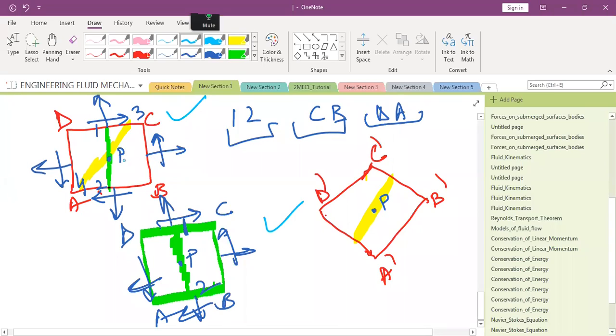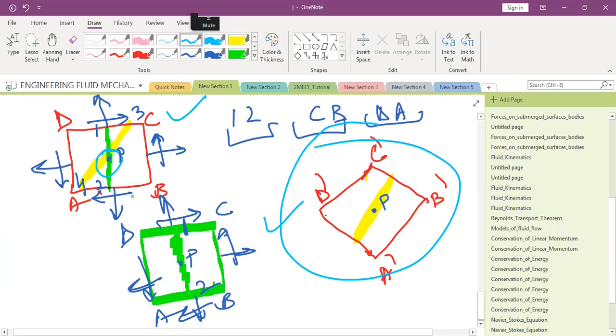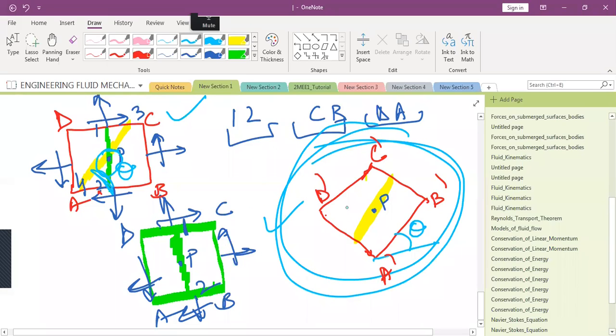So finding out stress at a point on a plane with different orientation is equivalent to finding out stress on a rotated system that has rotated by, say, this angle theta. So this angle is, say, theta. So finding out stress on a point on a plane which is inclined at some angle theta is equivalent to finding out stress on a rotated system that is rotated by angle theta.